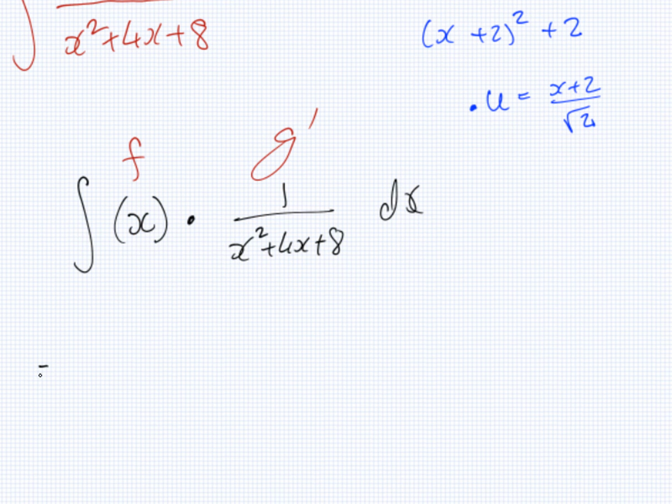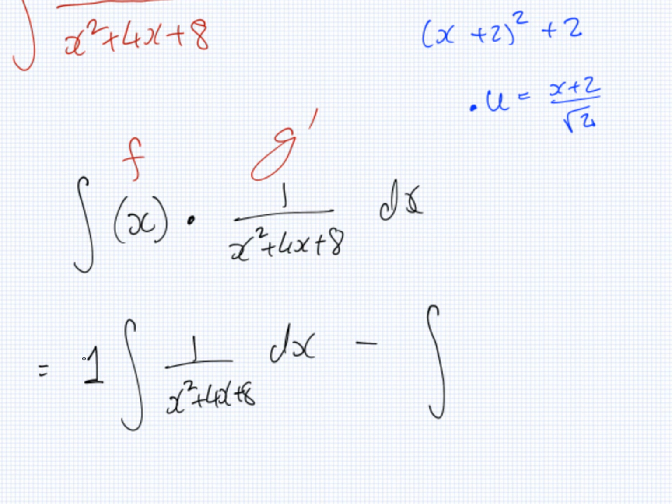So this will equal f g, which is the integration of this, which is possible to do, minus f derivative g. Did I do that right? Something feels wrong.